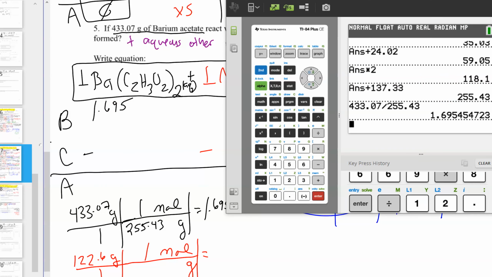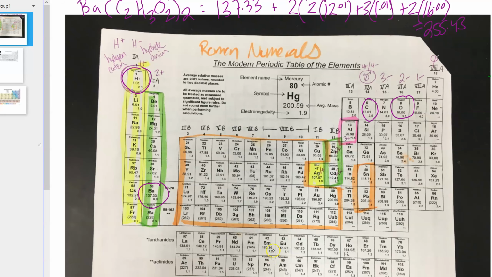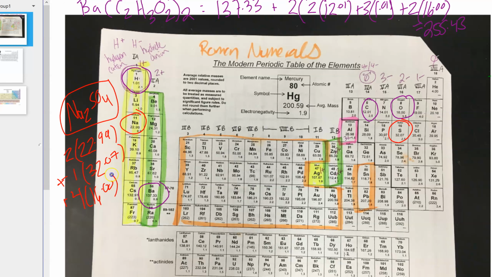Okay, now we've got to do that same thing to figure out the molar mass of sodium sulfate. So Na2SO4. Go back to your periodic table. There are 2 times the molar mass of sodium, which is 22.99, plus 1 times the molar mass of sulfur, which is 32.07, plus 4 times the mass of oxygen, which is 16.00.